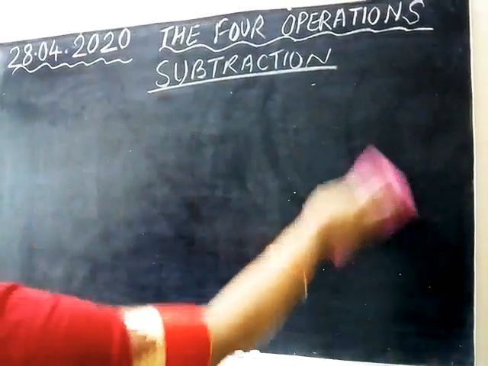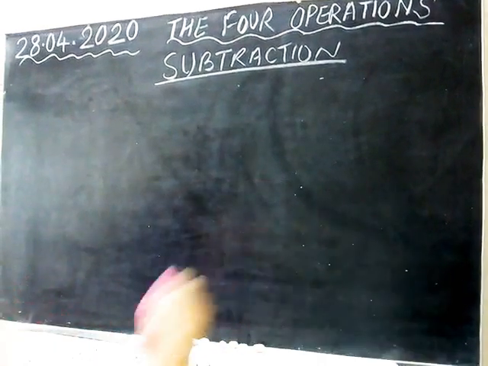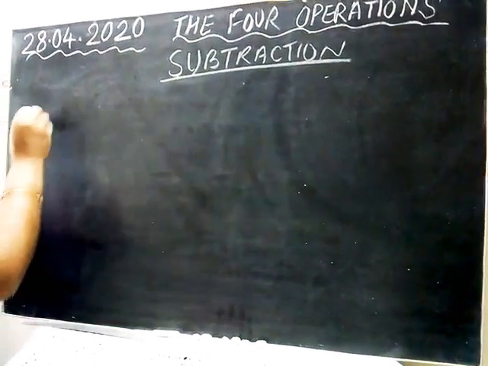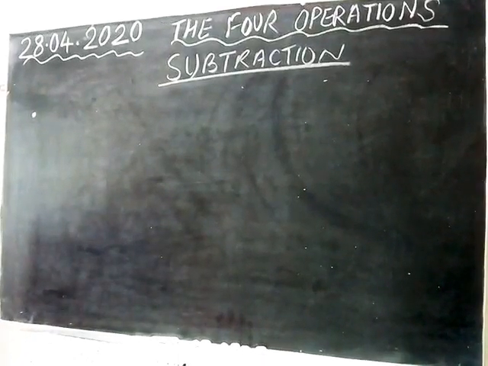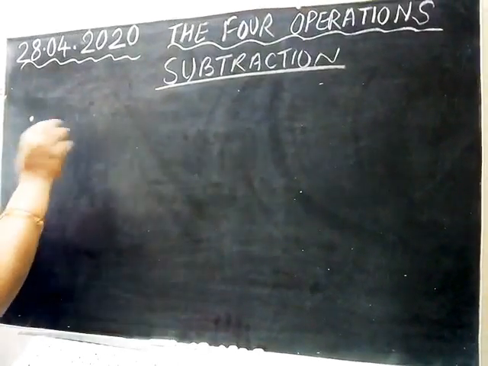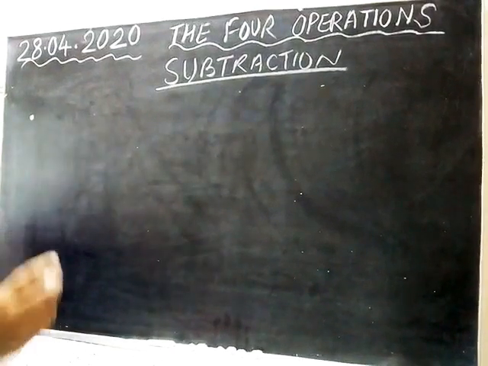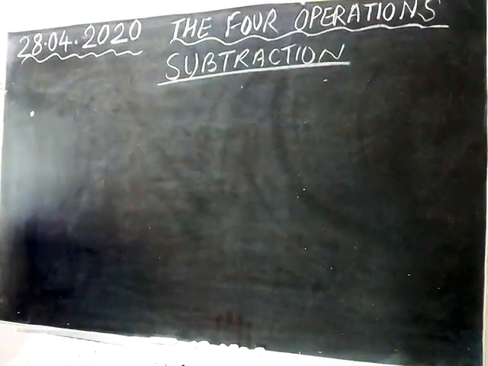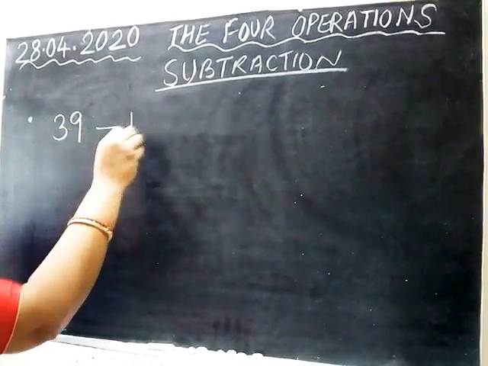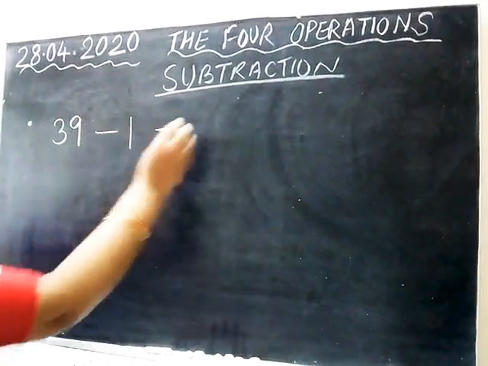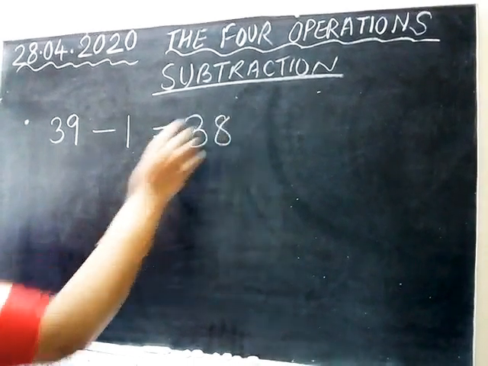As I have explained in addition also, in subtraction also we have three properties. Property number 1: when we subtract 0 from a number, we get the number itself. I will give you the example with small numbers. Property: when 1 is subtracted from a number, we get the predecessor of that number.